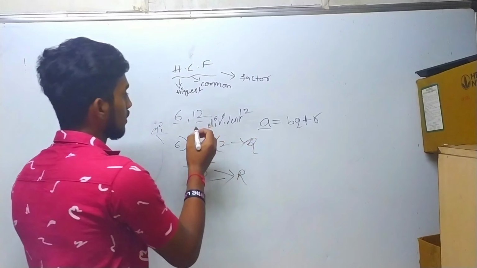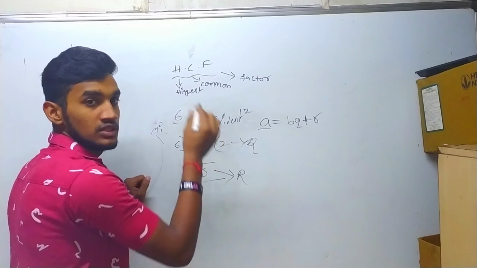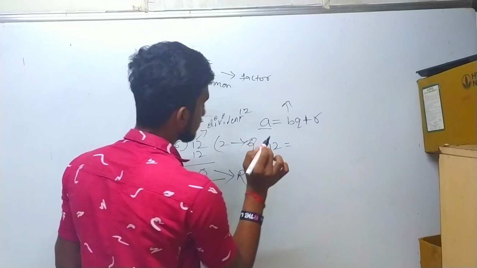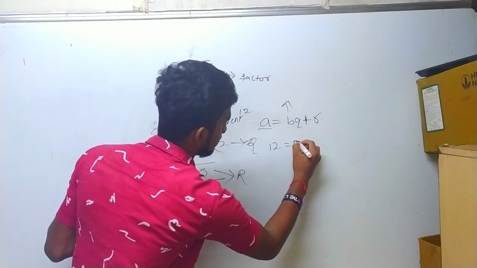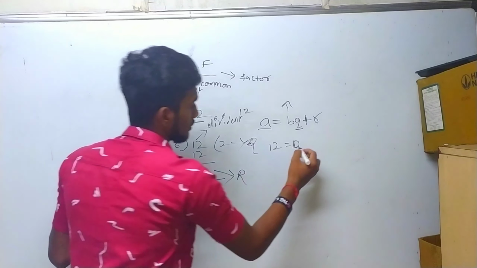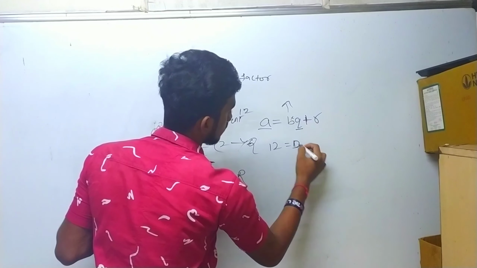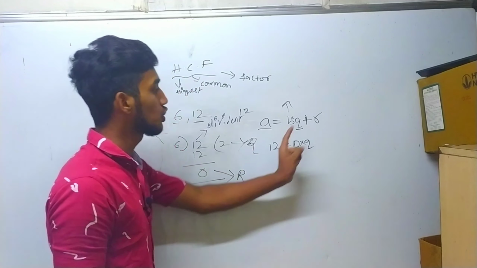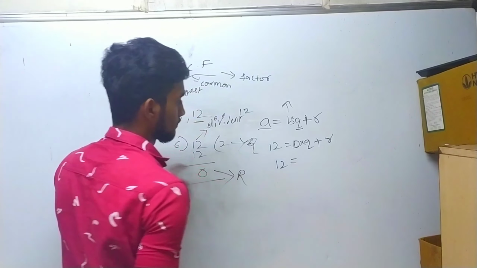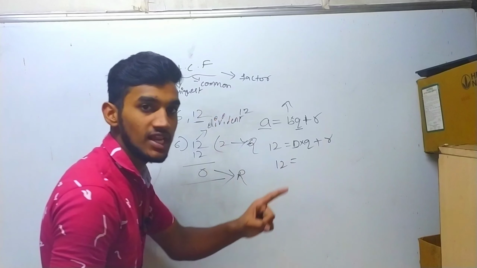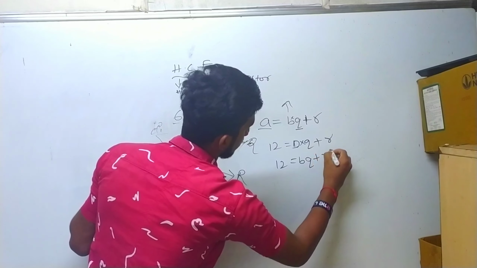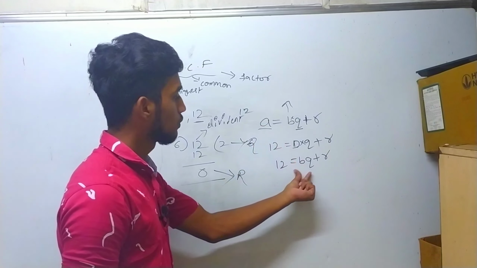Here A means the biggest of 6 and 12, so A = 12. Then B means the divisor, Q means the quotient, and R means the remainder. So the formula is A = BQ + R, that is 12 = B into Q plus R.